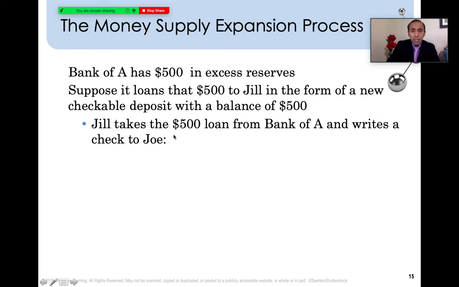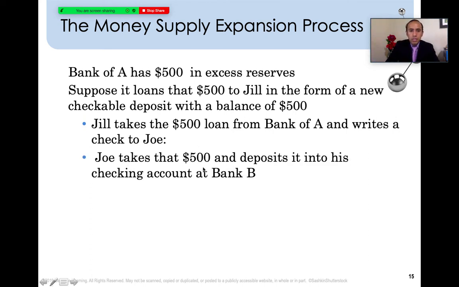Now Jill can take that $500 loan from Bank A and write a check to Joe, or pay Joe the $500. Joe can go into a different bank and deposit his $500. So those $500 that were injected were borrowed by Jill, and Jill uses it to pay Joe.